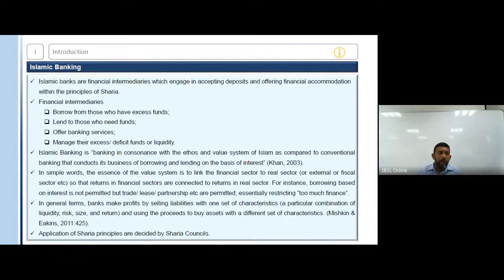Before I go there, I have to clarify one particular misconception, or two misconceptions, related to Islamic banking. Sometimes, because there is this concept that an Islamic bank does not charge interest, there is this concept that Islamic banking is cost-free, because there won't be any interest, so it's just free money.